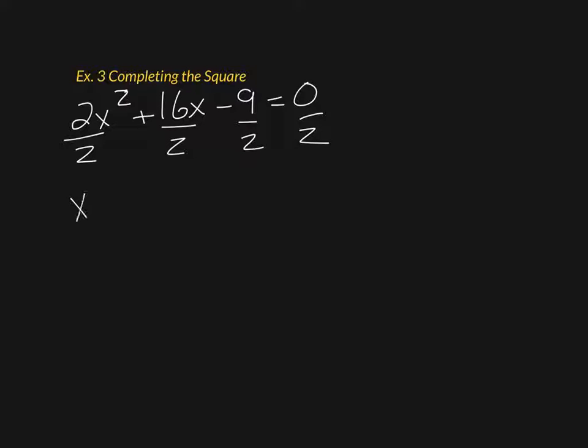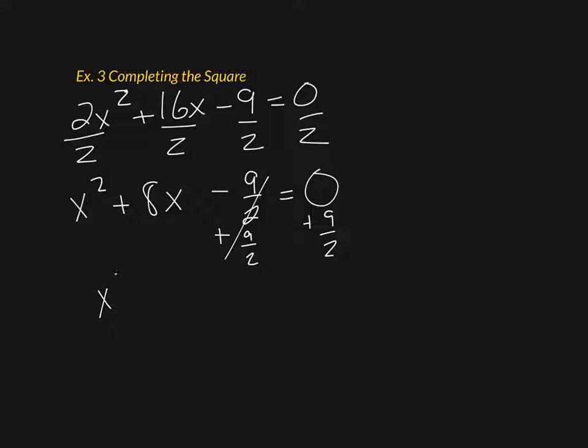So we've got x squared plus 8x minus 9/2 equals 0. Now, move the 9/2 over to the right side, so add 9/2 to both sides. This gives us x squared plus 8x equals 9 over 2.